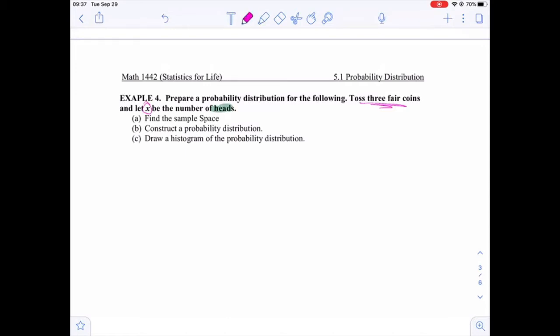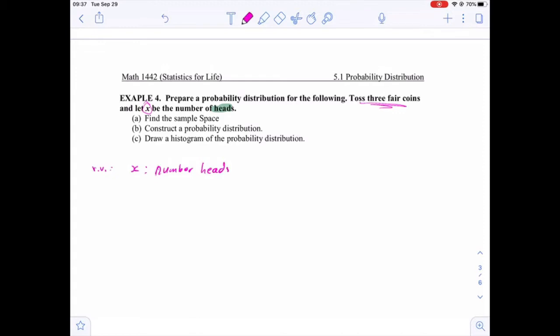When we deal with this type of problem, probability distributions, we first need to define the random variable. Let's denote it as RV. RV is X, the number of heads.